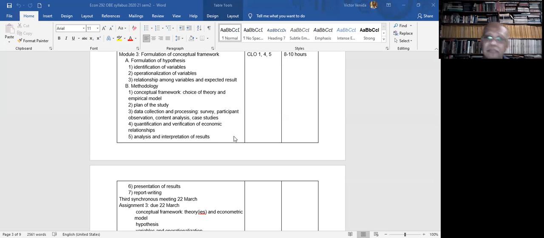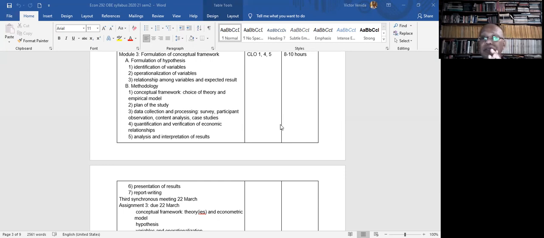And the hypothesis states the relationship and expected result. So the relationship is that education decreases poverty. The expected result is that there will be a negative relationship between poverty and education. So with greater levels of education, it's supposed to reduce poverty, and it's expressed in your hypothesis.